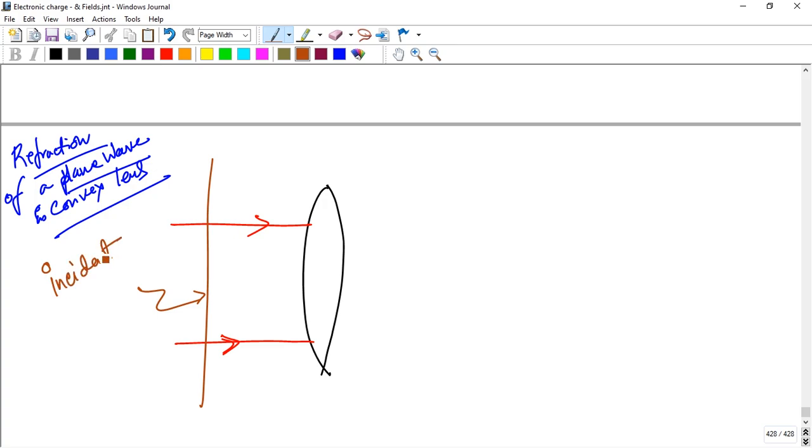After striking, the refracted rays converge and meet at focus F. So we get here a spherical wavefront.